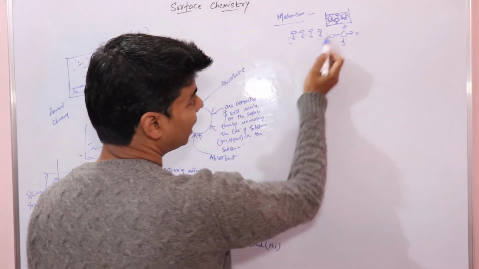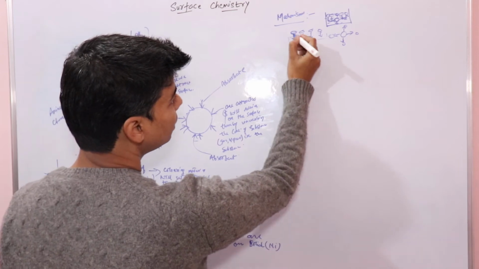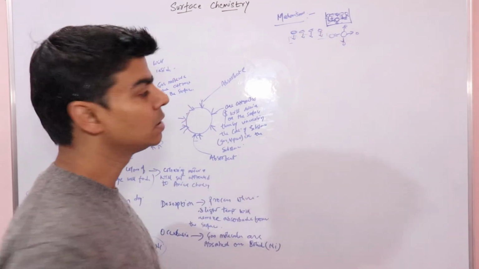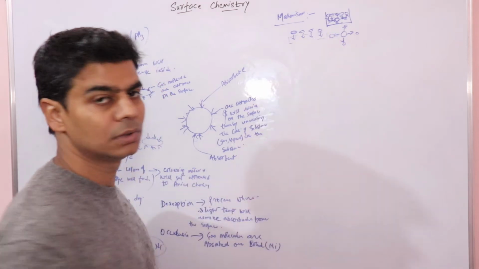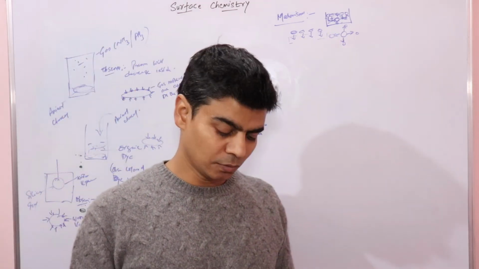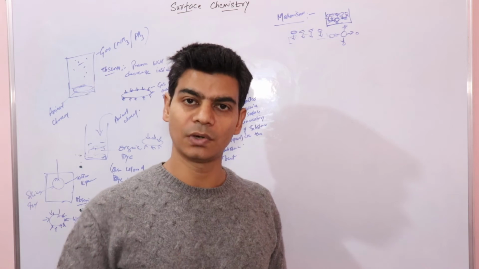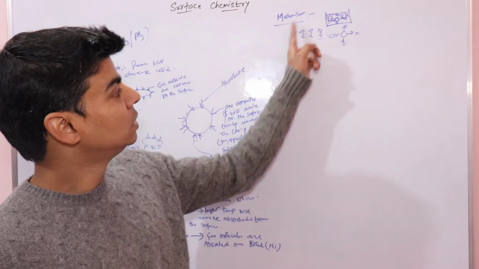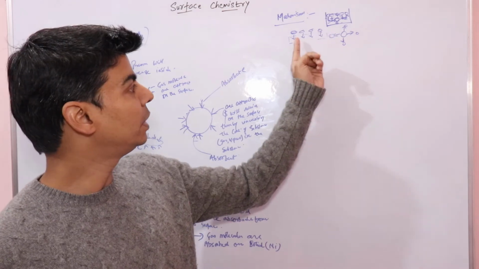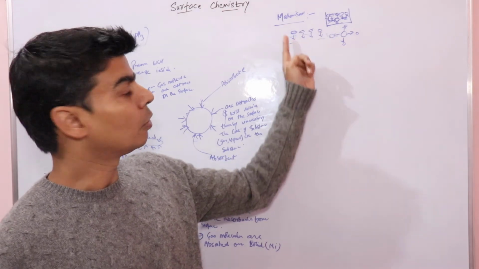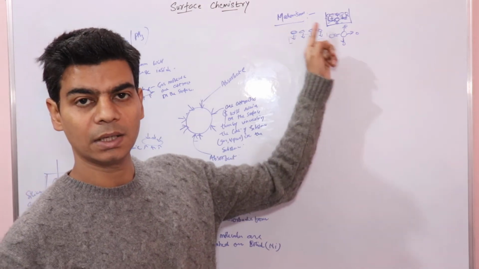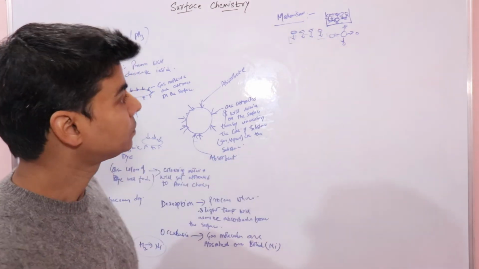So due to these unbalanced forces, or this inward pull on the liquid molecules at the surface, we have surface tension. Surface tension is a surface phenomenon developed due to these unbalanced forces, due to the inward pull on the molecules at the surface.